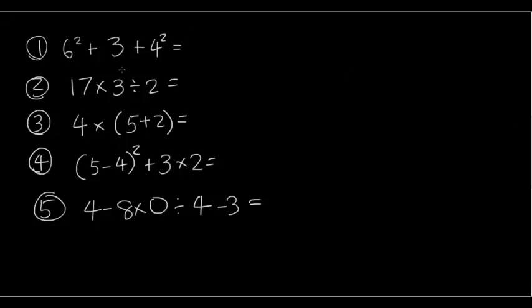Okay, so the first one we have 6 squared is 36 plus 3 plus 4 squared is 16. So 36 plus 3 plus 16, as I said, I don't mind you guys using the calculator, and the answer is 55.